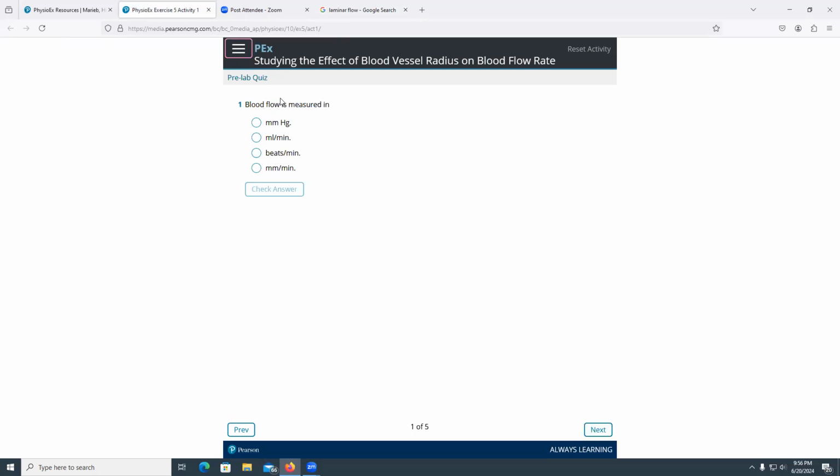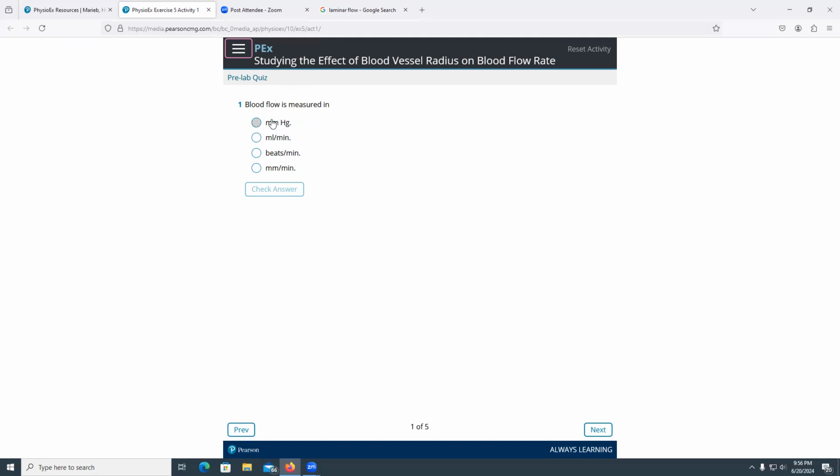Okay, so the blood flow is measured in what? Obviously, millimeters of mercury. That's the unit of pressure. I mean, how many millimeters of mercury is going to move in that sphygmomanometer, so that's a pressure. That's how much pressure is forcing this fluid to move up in my cylinder.